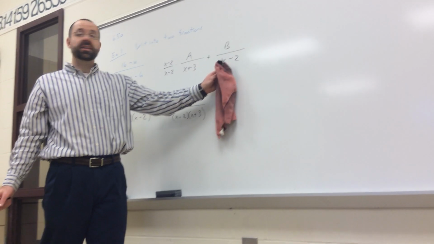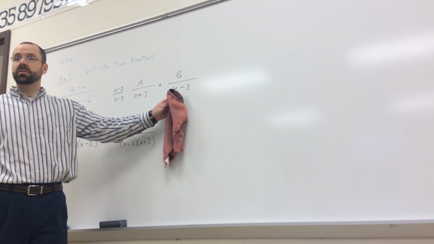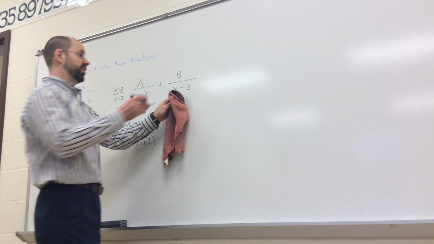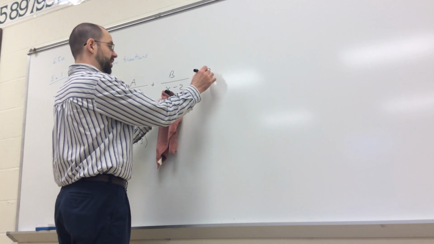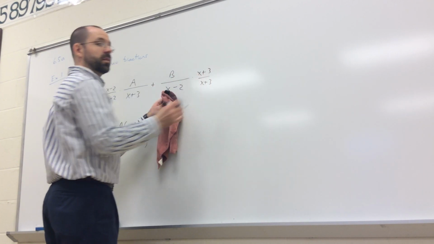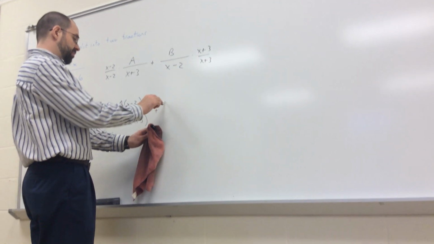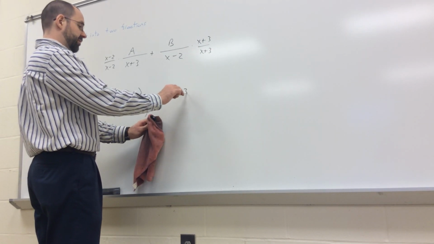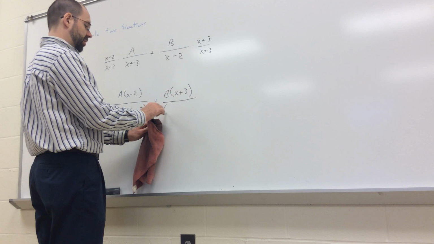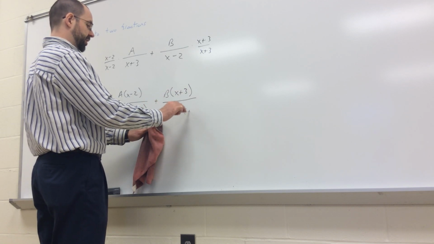So what do I need to multiply this fraction by? X plus 3 over x plus 3, right? That's legal because it equals 1. So then over here I'm going to get B times x plus 3 over x minus 2, x plus 3.